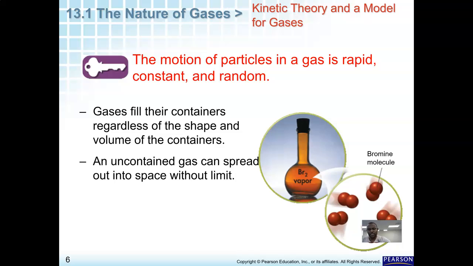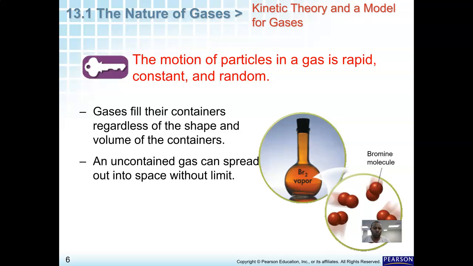The second assumption of the kinetic theory is that the motions of particles in a gas are rapid, constant, and random. What does it mean? The gas particles move at a rapid speed, at a high speed, at room temperature.